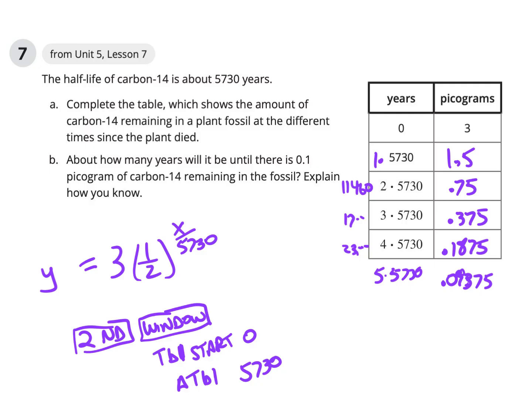So it's about 5 half-lives. When X equals 5, which is 28,650 years, Y is a little less than 0.1. So it's a little less than 28,650 years.